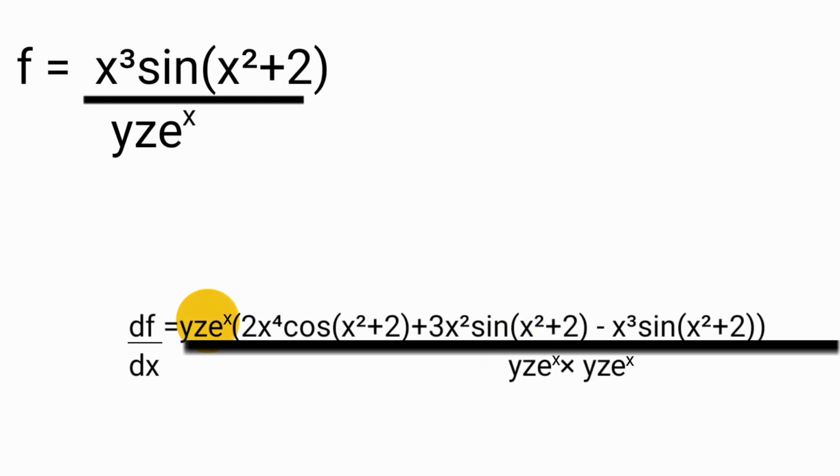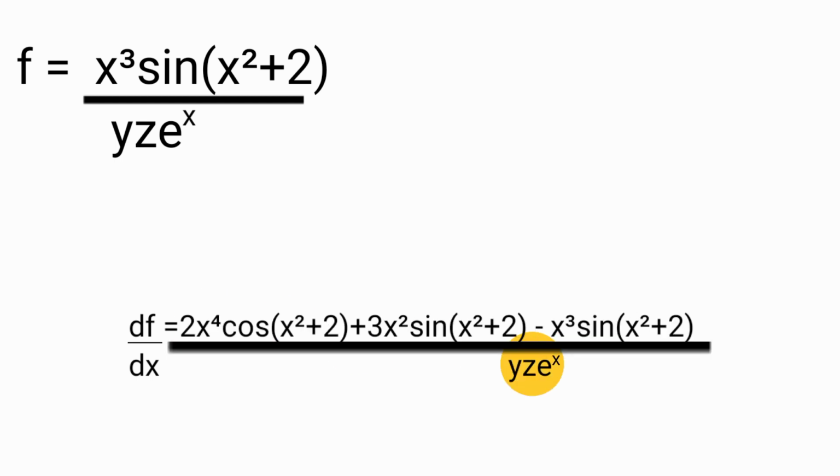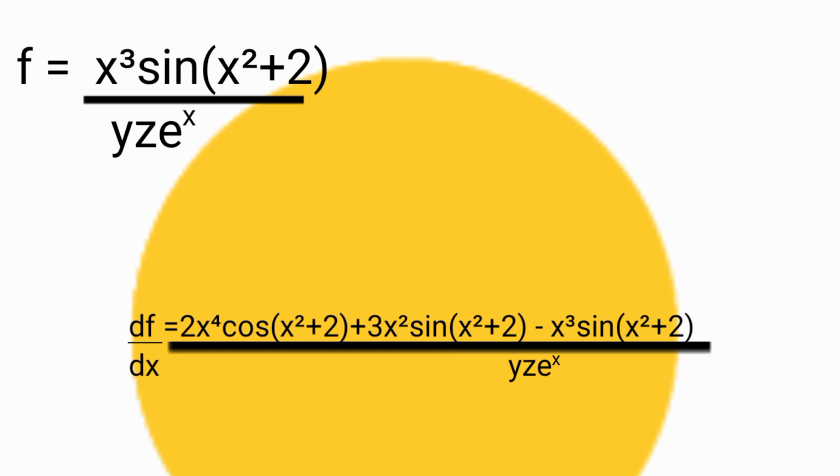So this y z exponential x can cancel one y z exponential x. Therefore df/dx is equal to 2x to the power 4 cos of x squared plus 2 plus 3x squared sine of x squared plus 2 minus x cubed sine of x squared plus 2, all over y z exponential x.